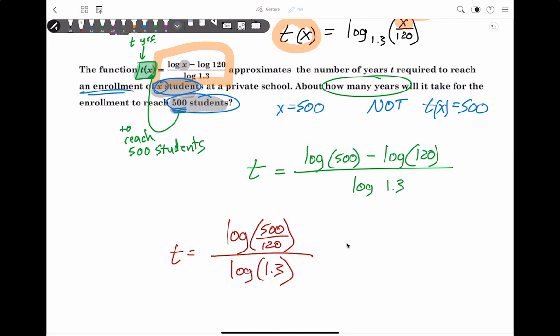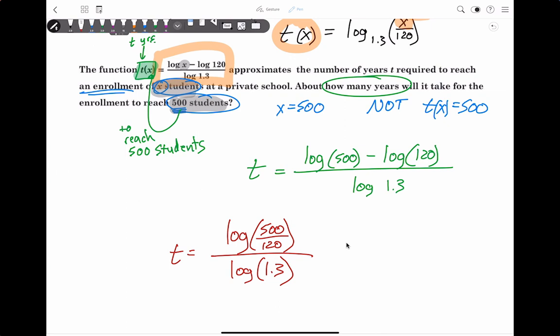Now, could I combine this even more together? Log of something divided by log of something, as far as manipulation, we're not going to put this into a subtraction problem. Our goal is to see if we can combine this all together in one logarithm to solve for t. And for this one, it's difficult.